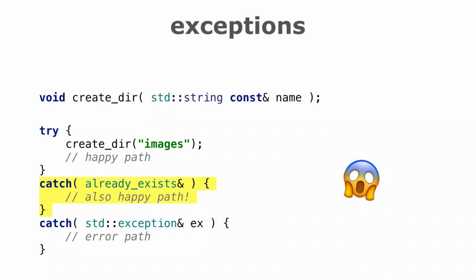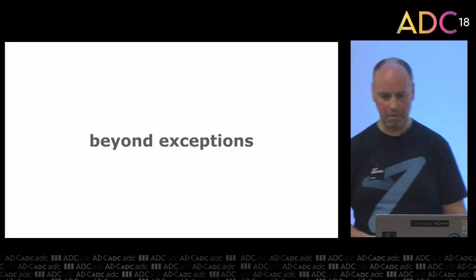Very briefly, should mention, well, we've still got that problem with what happens if the directory already exists. Probably a non-problem. There's other ways to deal with that, but something you have to think about. So I think it's fair to say we need to look beyond exceptions. What else can we do to try and balance these trade-offs a bit better? That's where we want to go.